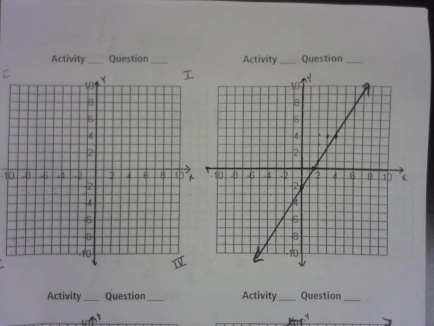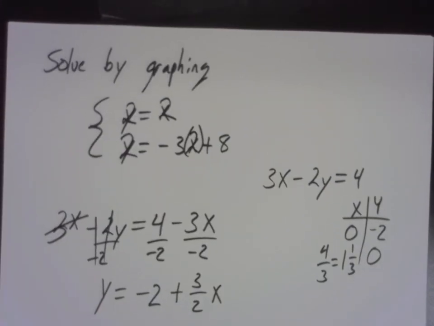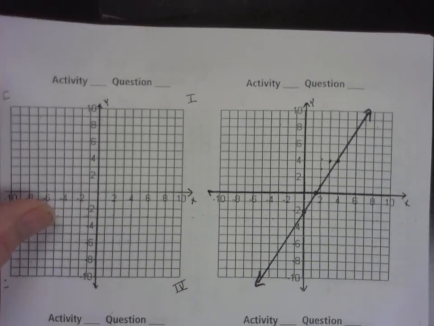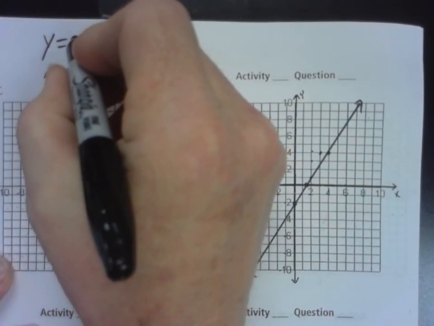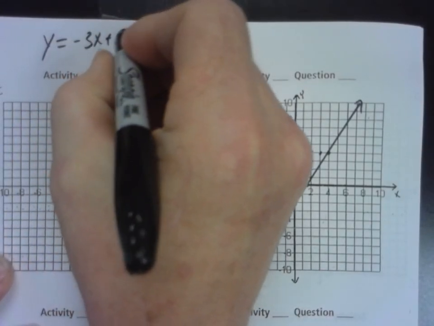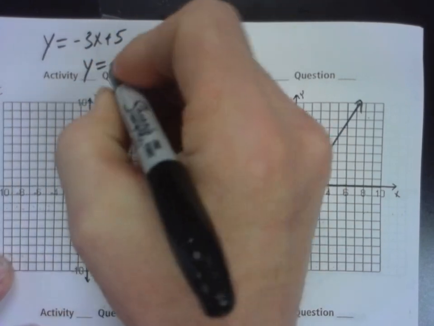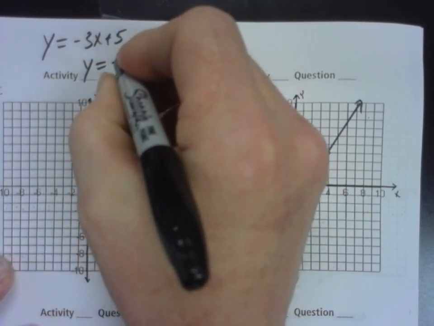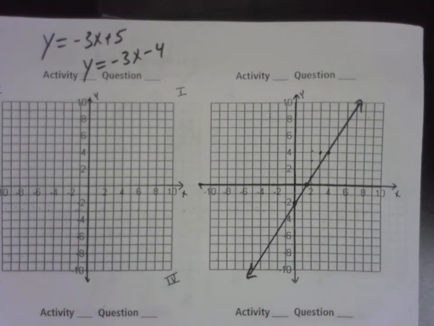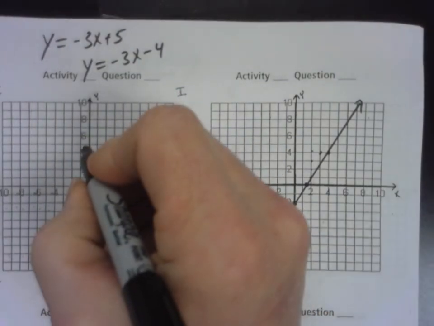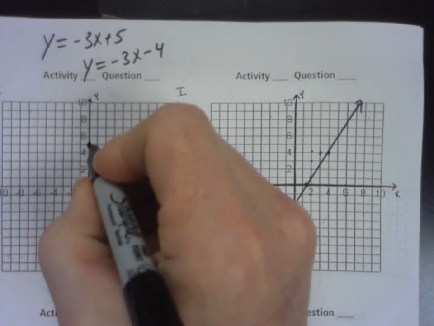Now, some weird stuff can happen occasionally. Let's say I give you this equation, y equals negative 3x plus 5. In this equation, y equals negative 3x minus 4. What do you know about those two lines as soon as you look at them? They're parallel. They have different y-intercepts. One's going through 5 and then down 3 over 1.